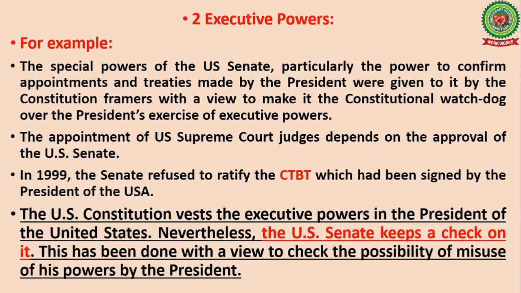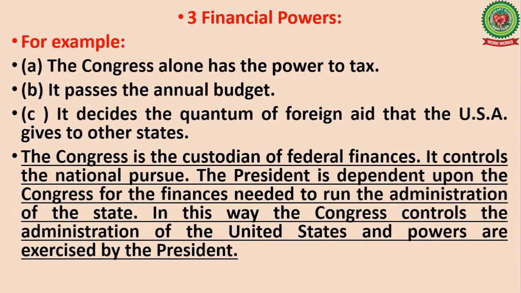In India, our president is a golden zero. He is just a puppet head. He is not a real head of the state. But in the US, he is a real head because there is a presidential democracy. In India, there is a parliamentary democracy. There is a difference. So, the president is checked by the Senate.